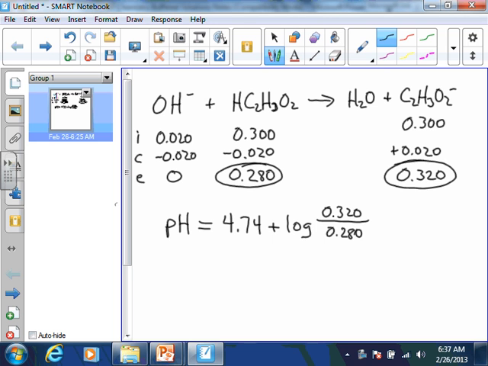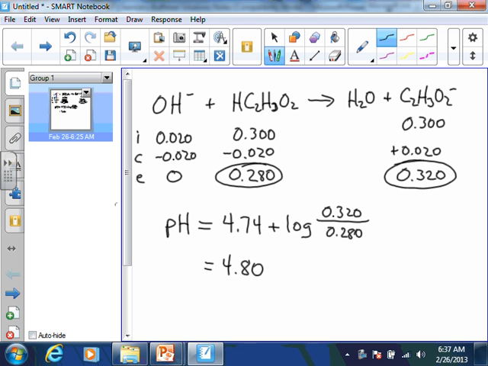Once we work that out, and again, just because I don't trust my calculator, I divide the 0.32 by the 0.28, then I take the log of that, and then I add that to the 4.74, which gives me 4.80 for my new pH.